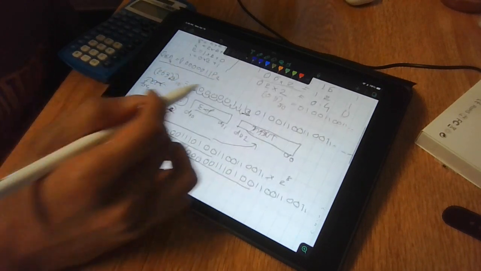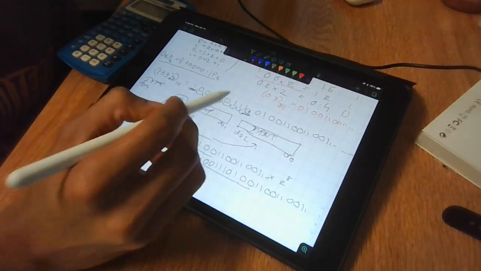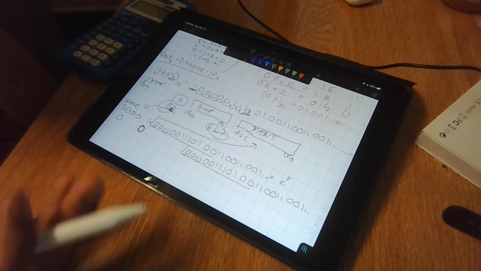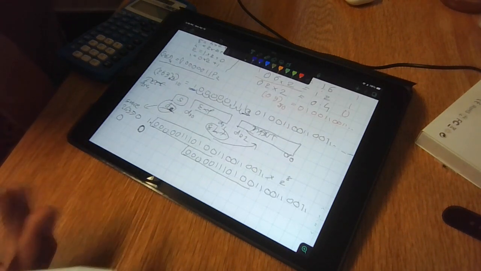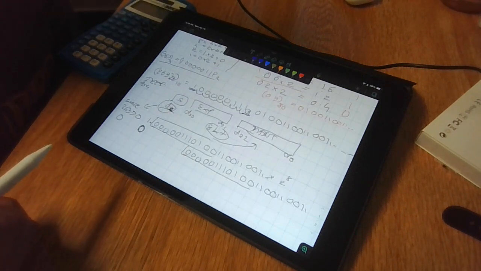But now is the exponent part. What is the exponent part? Okay, I need an 8-bit exponent, right? I think it's 8 bits. Yeah.